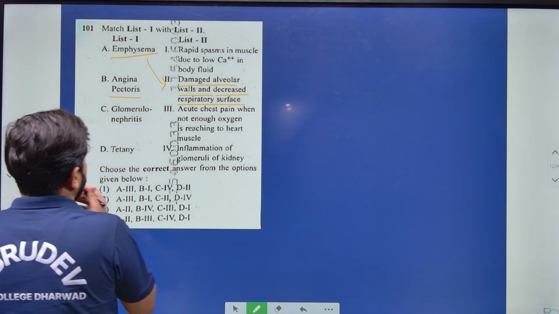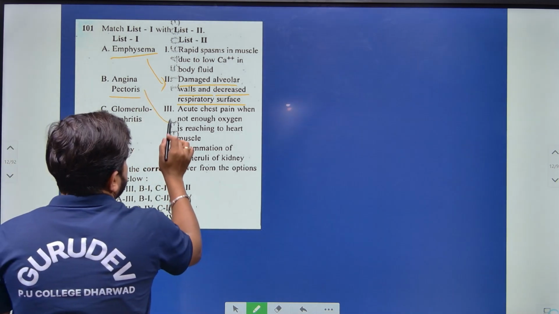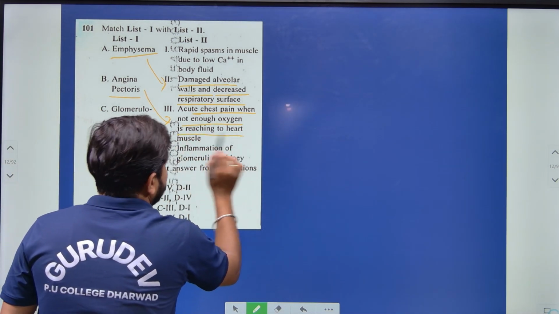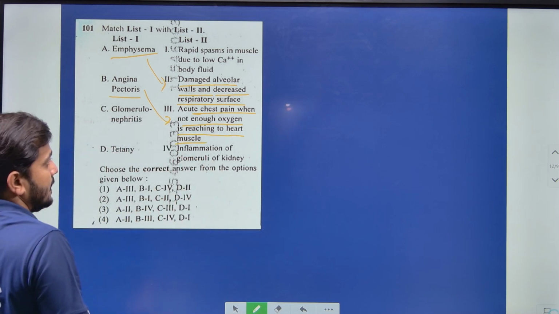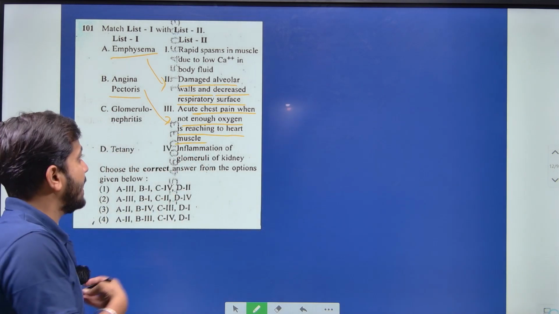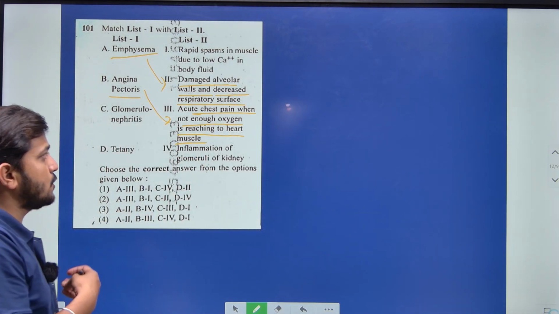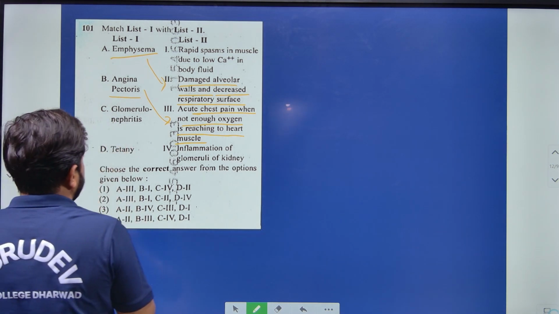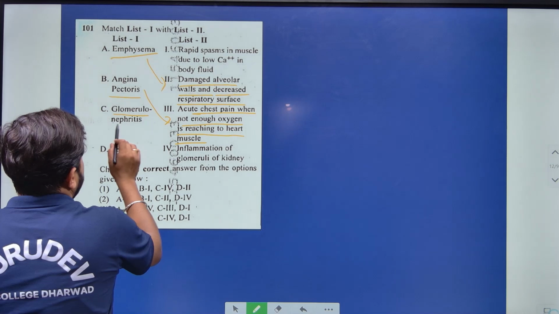Angina pectoris is related to acute chest pain when not enough oxygen is reaching the heart muscle. We get acute chest pain when oxygen does not reach our heart muscle. That is angina pectoris. Then glomerular nephritis.